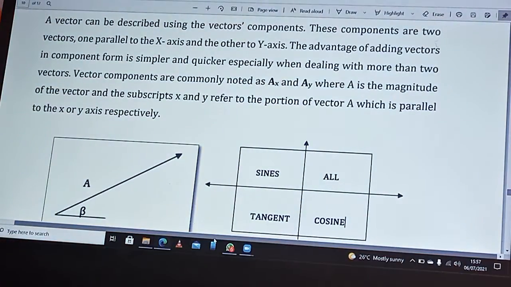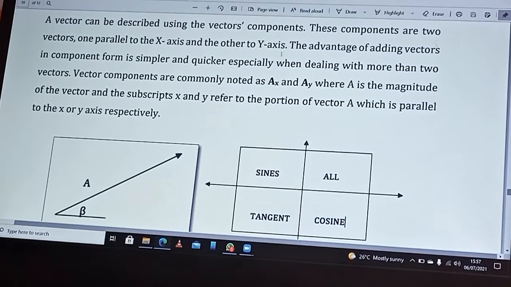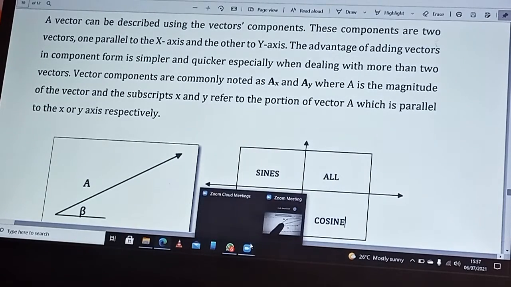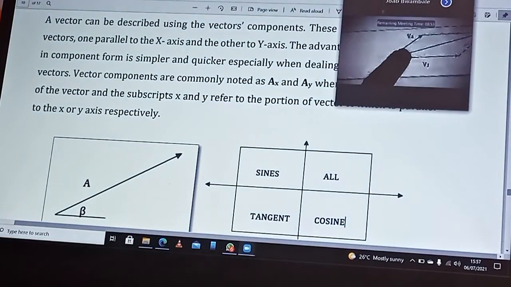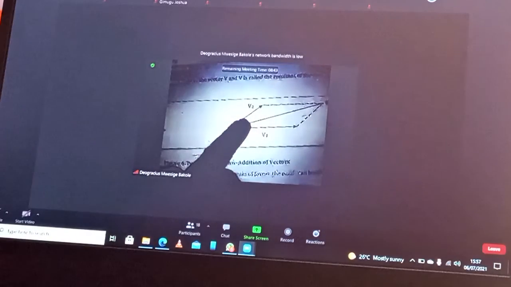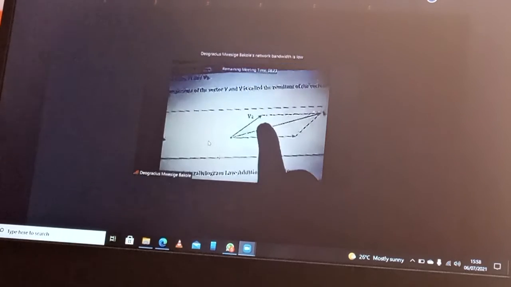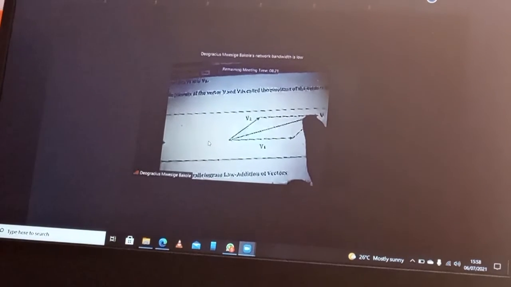So whichever angle you choose, for uniformity, let's take the angle between V1 and V2 as 45. So that is all about the graphical method.